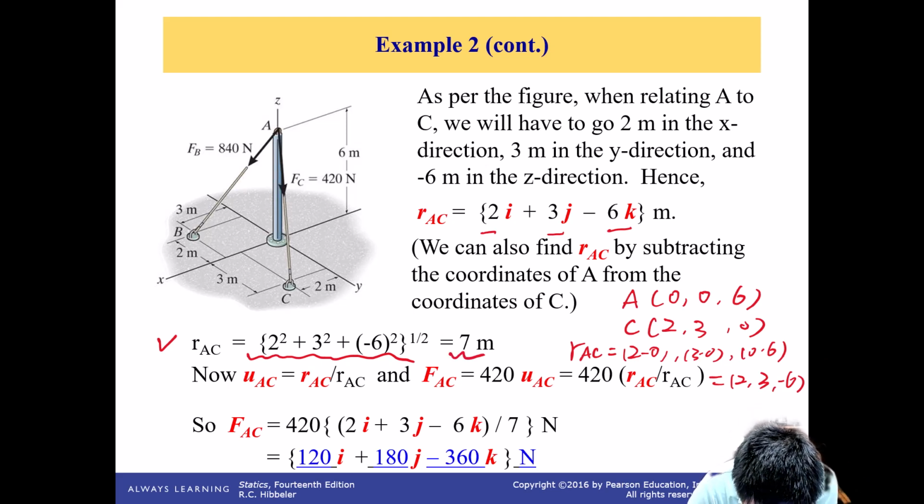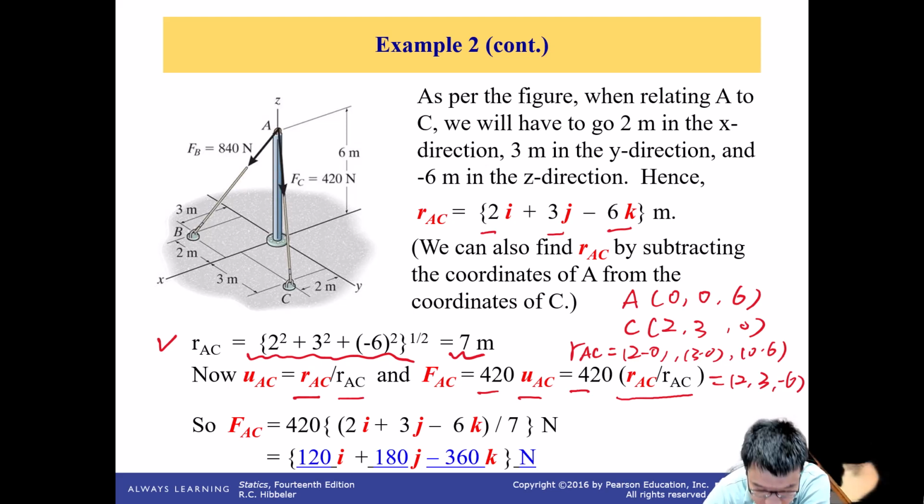The unit vector becomes vector RAC over RAC's magnitude, and FAC, as we mentioned before, will be the magnitude of FC times the unit vector UAC, which is 420 times RAC over RAC's magnitude. So the result is 420 times 2i plus 3j minus 6k, divided by 7, which is its magnitude.